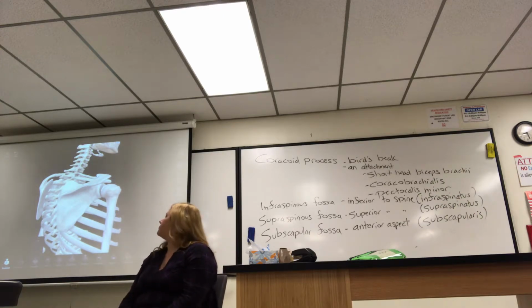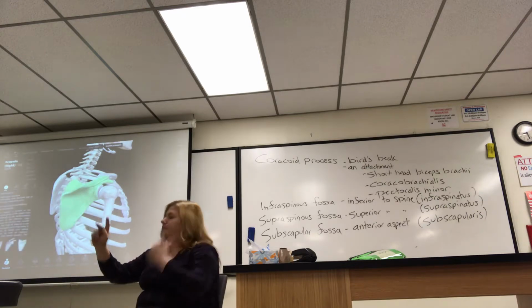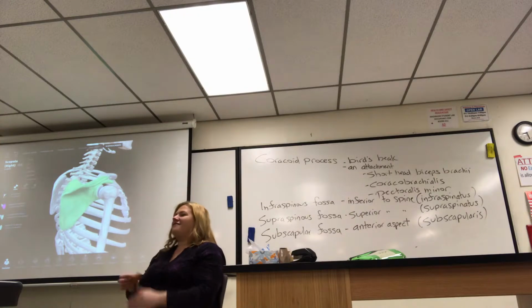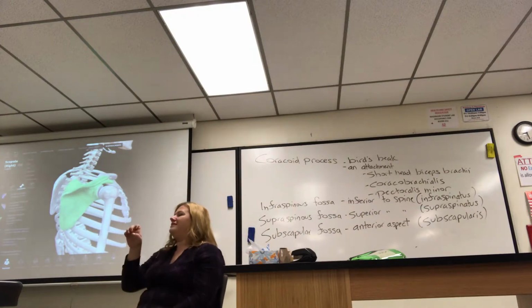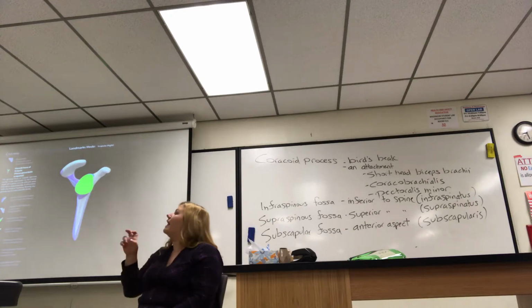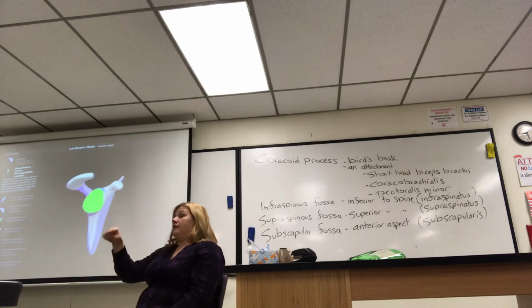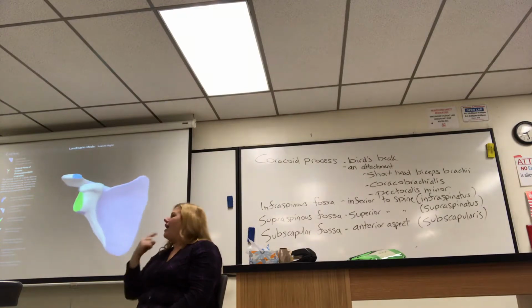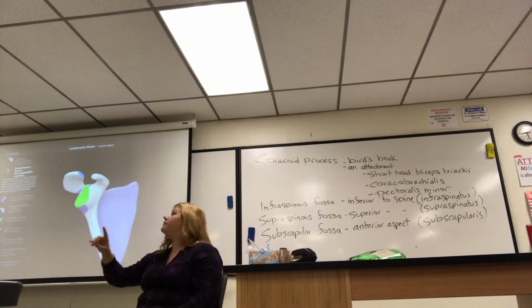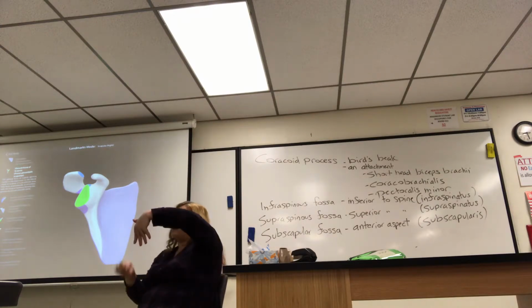Okay, let me go back to the major parts here. You have the glenoid. Where's the glenoid? Come on. There it is. What's in green is the glenoid. It's a very shallow socket that receives the head of the humerus.